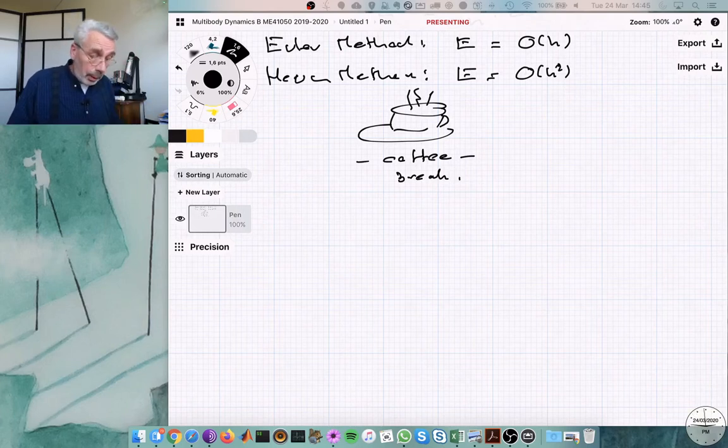Where did we stop? We stopped at where we determined what the global errors in the method are, and we know now what they are, in order of magnitude. That means that if we take a smaller step size, it will get better. But now we want an estimate of the global error.